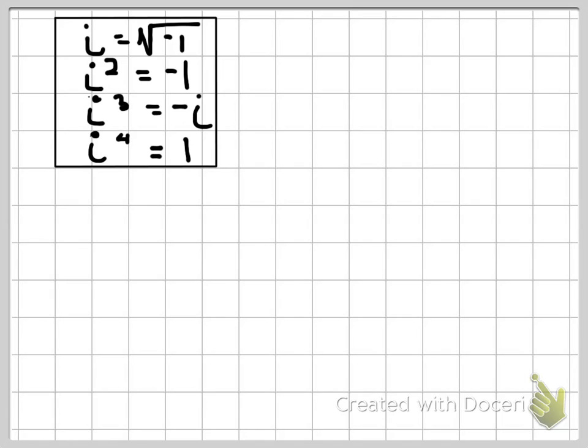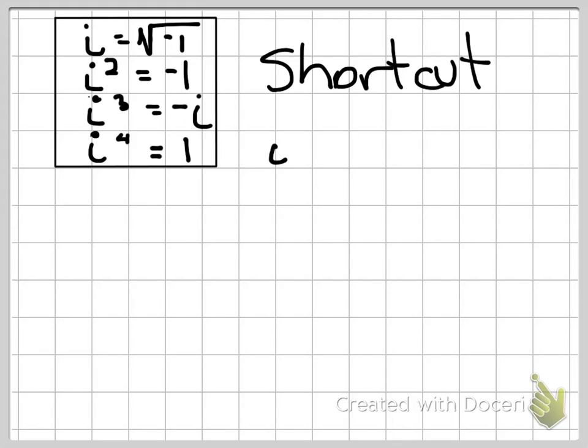There is, however, a shortcut. If you want to discover what the actual value is of a power of i, you can deal with the exponent. For instance, we made a prediction about i to the 10th, but let's figure it out using this shortcut.